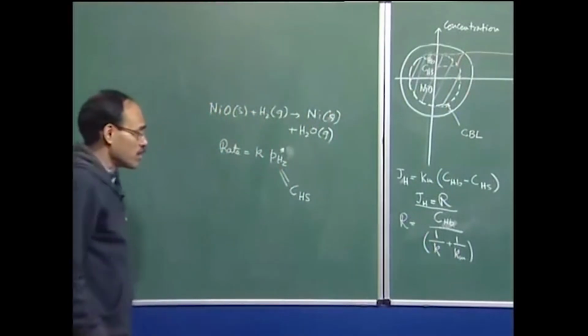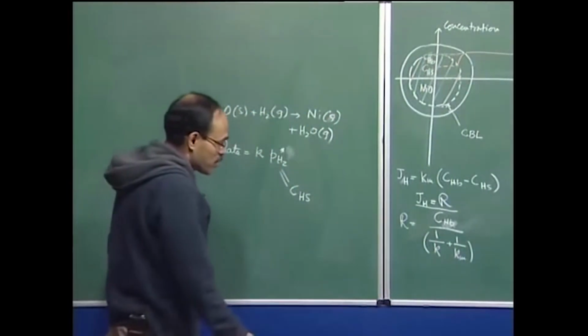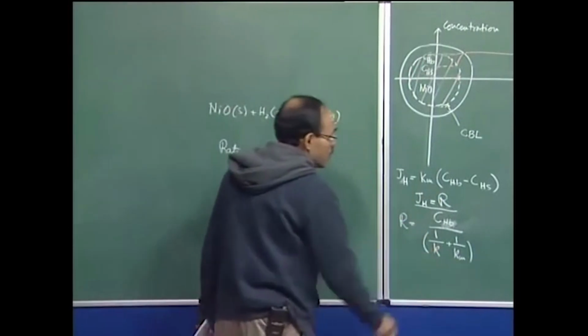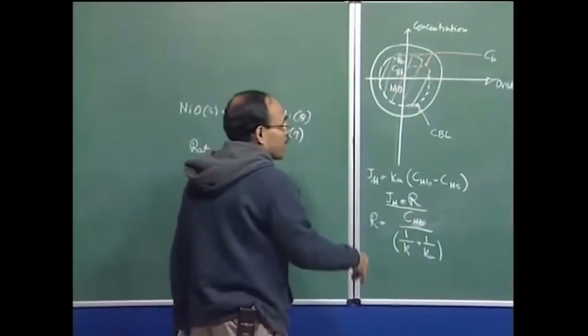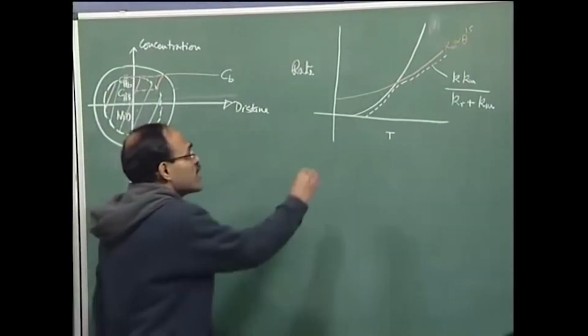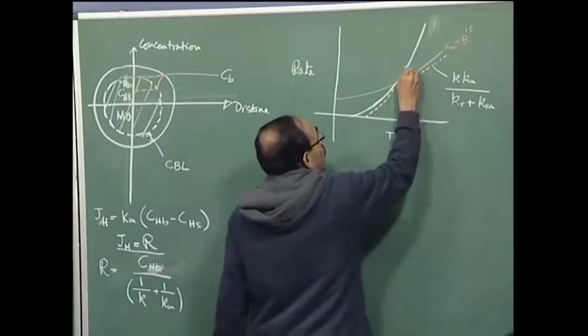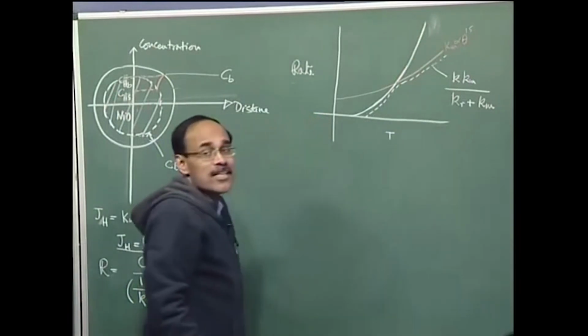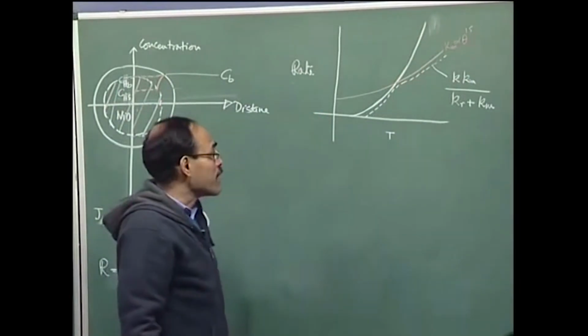And on the basis of this analysis, you can also plot how the rate varies as a function of temperature. So this is the steepest line which I have drawn. This line essentially tells us about the exponential rate of variation.